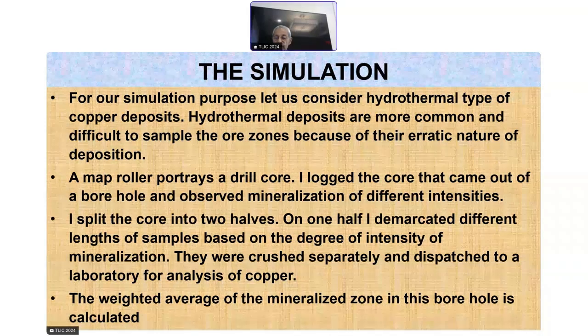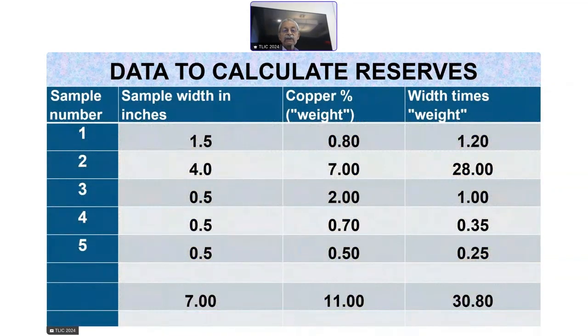The second half I divided and made samples like this one, based on the degree of mineralization intensity. They were crushed and then sent to the lab, and they got the results. The weighted average of the mineralized zone of this borehole is calculated. So this is how one single borehole is calculated, and that is the data.